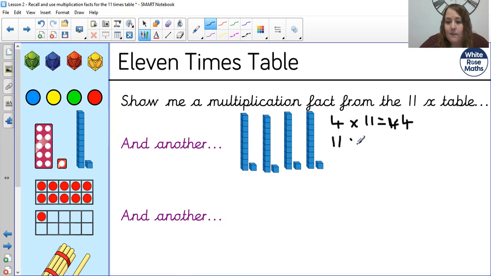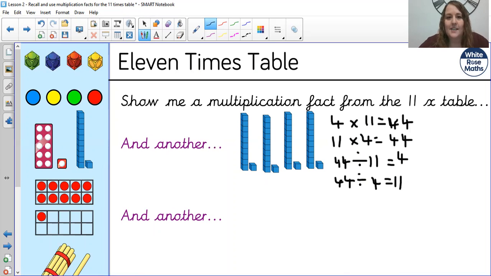And then I'd write 11 times 4 is 44, because I can swap those numbers around, and then you can do the inverse as well. 44 divided by 11 is 4, and 44 divided by 4 is 11. If you need to pause the video again to get that done, that's brilliant, but a huge well done if you've already done that.